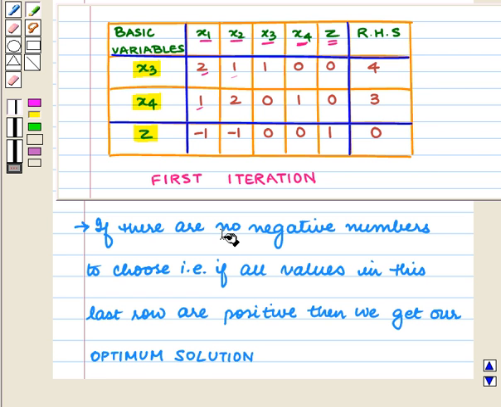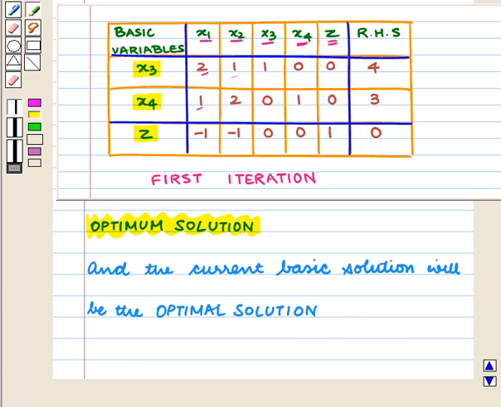If there are no negative numbers to choose, that is, if all values in this last row are positive, then we get our optimum solution. And the current basic solution will be the optimal solution.